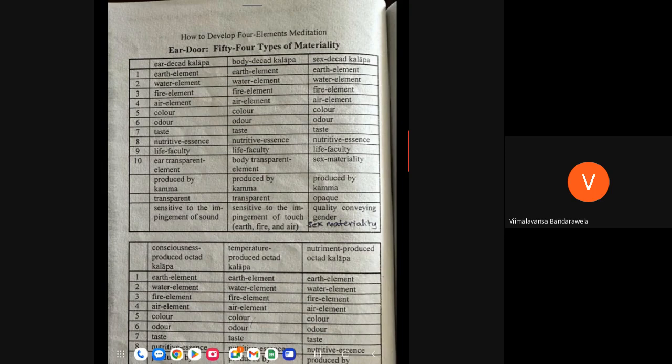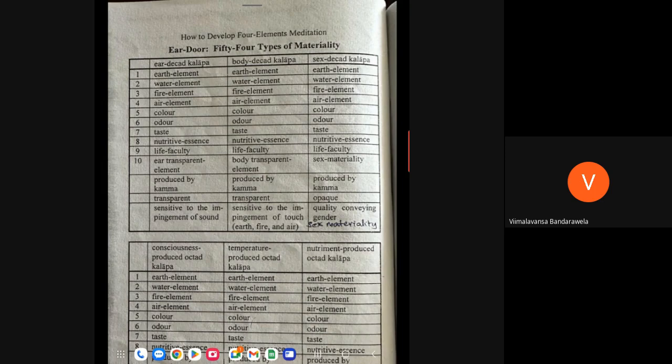And the life faculty and the ear transparent element are now prominent, because the sound comes and touches the ear transparent element. In this way you discern the ear decad kalapa.